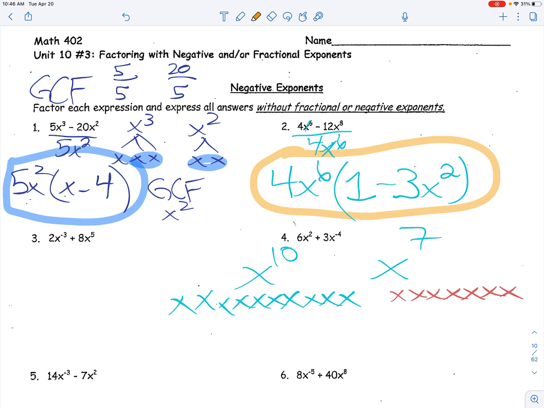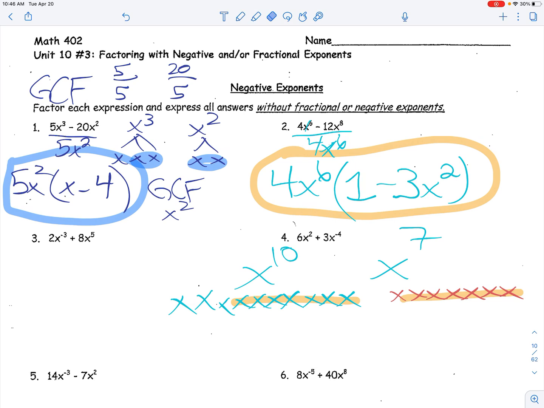What's the greatest amount of x's you can take out from both terms? 7 here, 7 there, is x to the 7th. The GCF in number 2 between x6 and x8 was x to the 6th. The GCF in number 1 with x cubed and x squared was x squared.